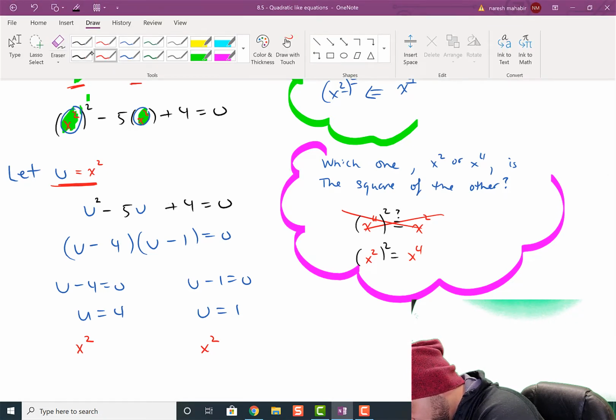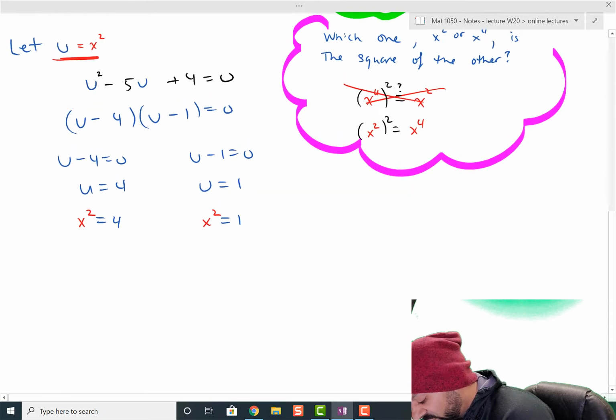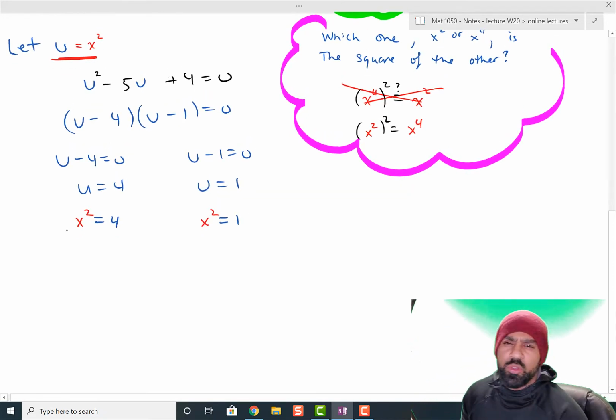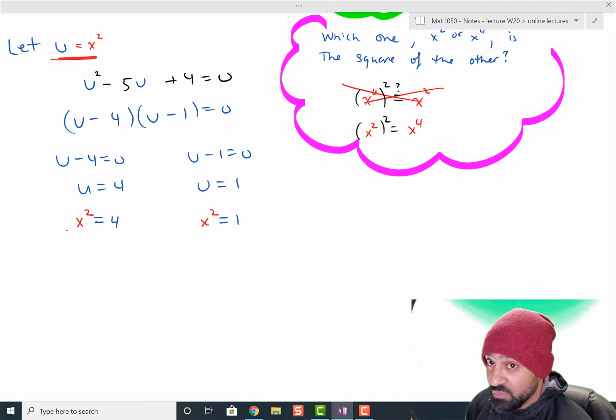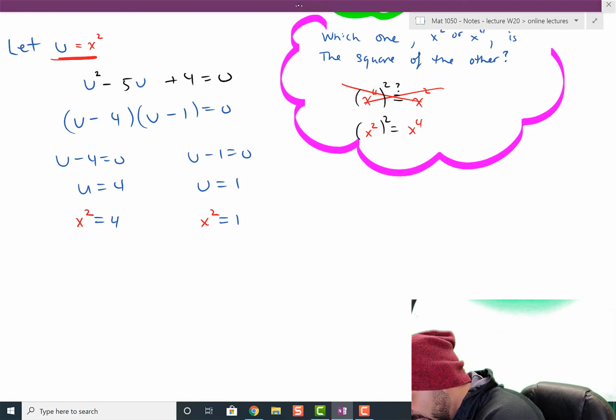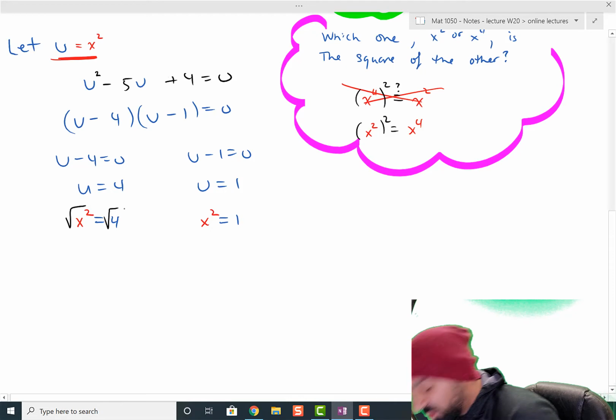So u is now going to turn into an x squared. That effectively means if u turns into x squared, this equals this, and this equals this. Now, all we got to do is solve those two. I don't know which version you're used to, subtracting the 4 over and factoring out the difference of squares, but I'm going to square root. Whatever you do to one side, you do to the other side. Why?